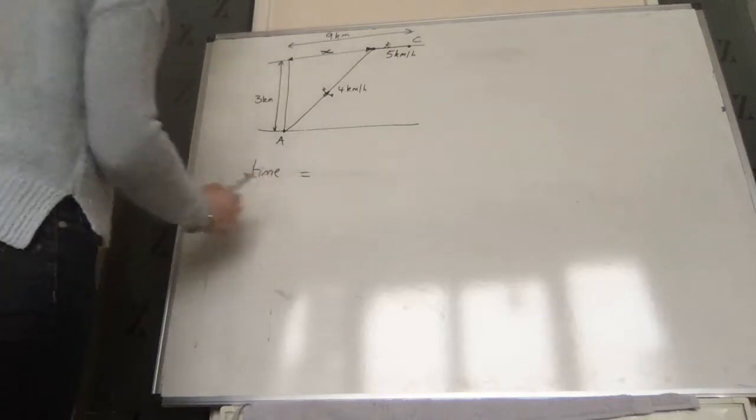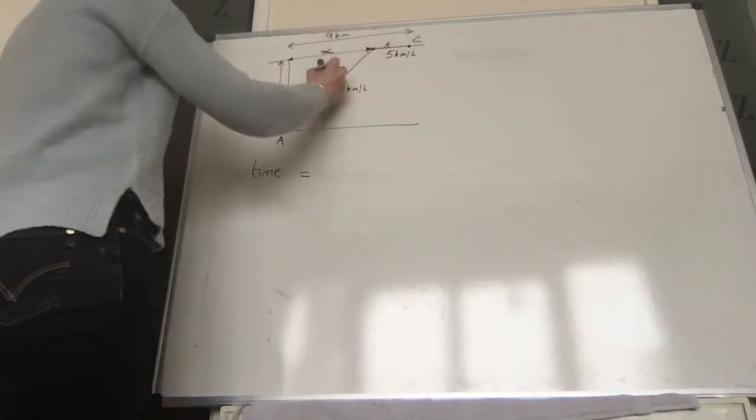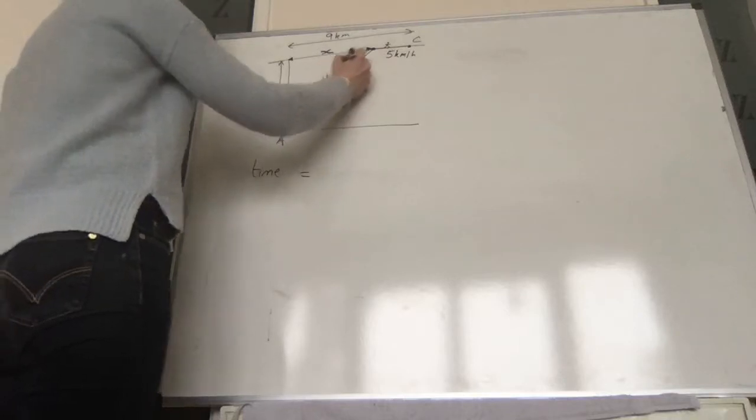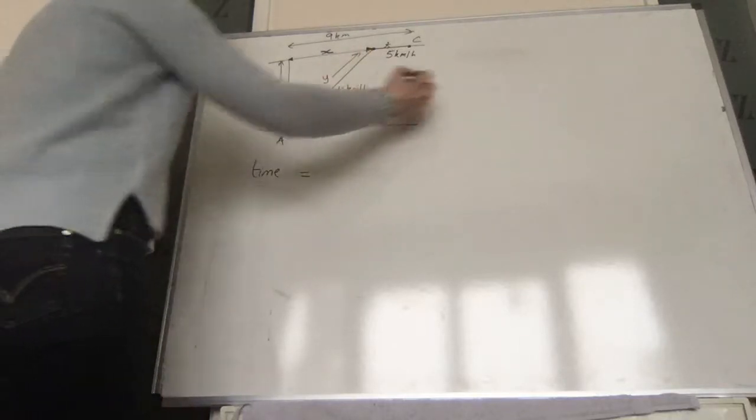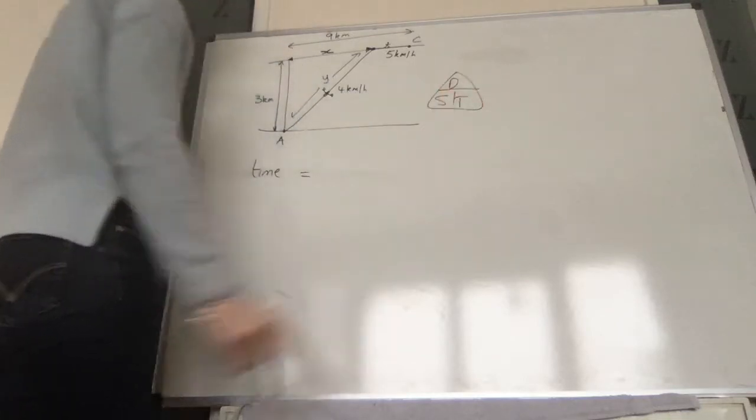The time it takes him to cross the river: this is the distance, we'll call this distance y, and that's a little triangle. Time is distance divided by speed.